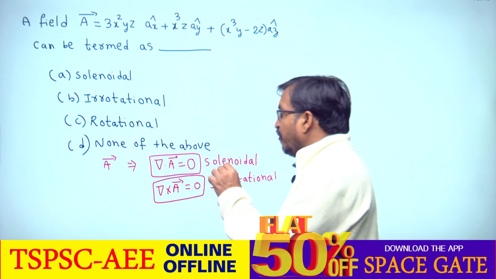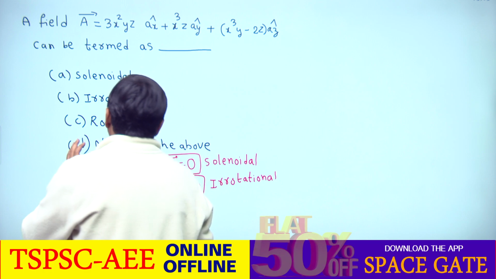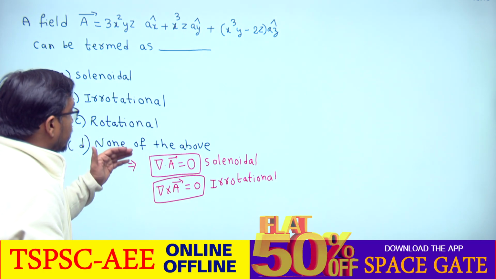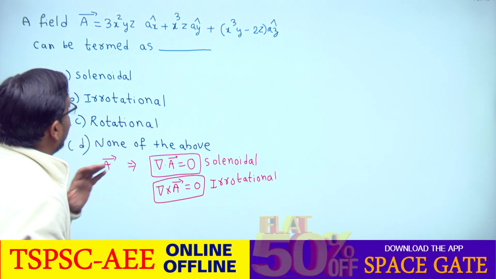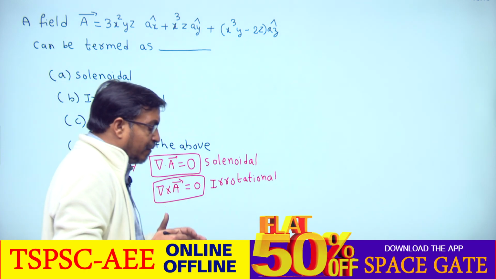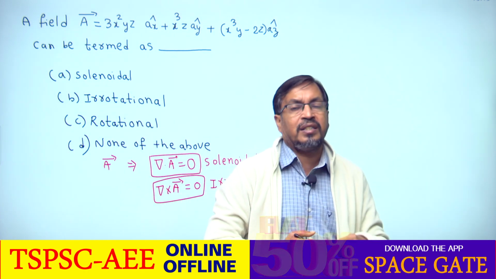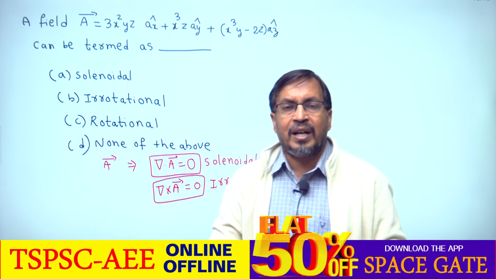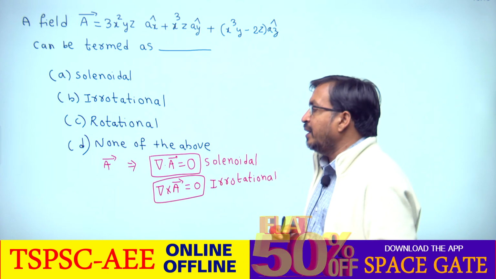Now I am first checking whether it is solenoidal or not. Before starting the divergence or curl operation, first check which coordinate system the given vector is in. Yes, the given vector is in rectangular coordinate system.